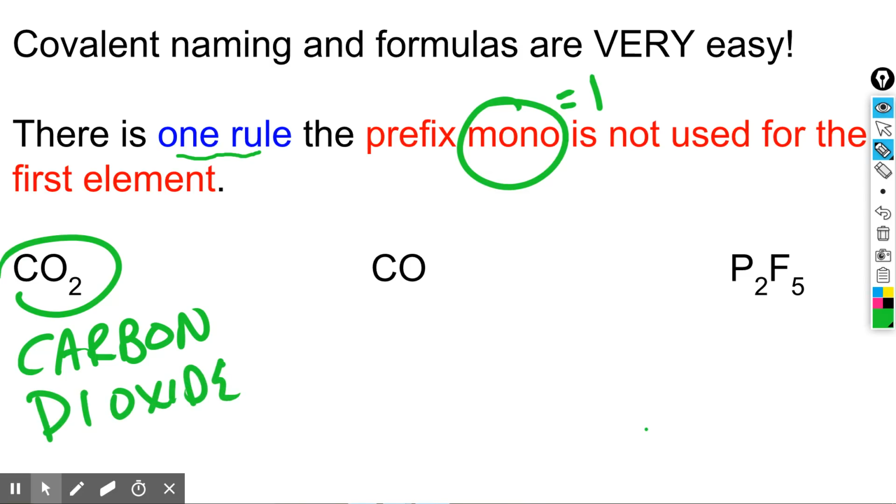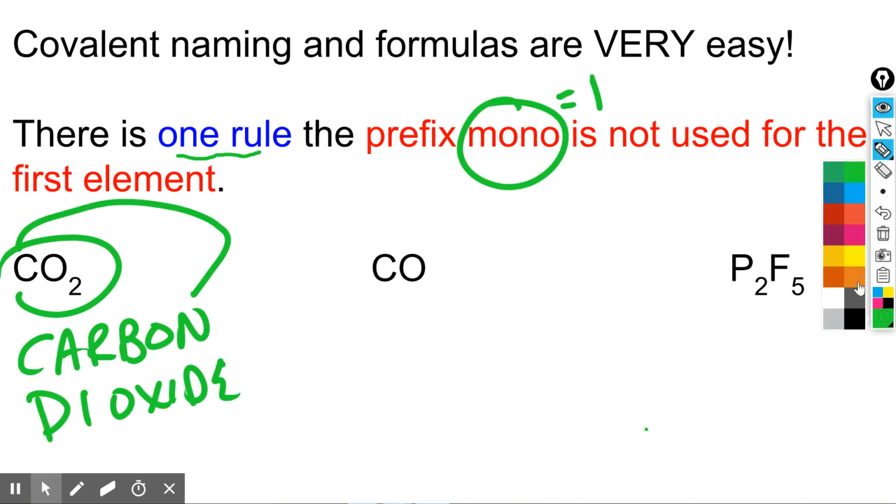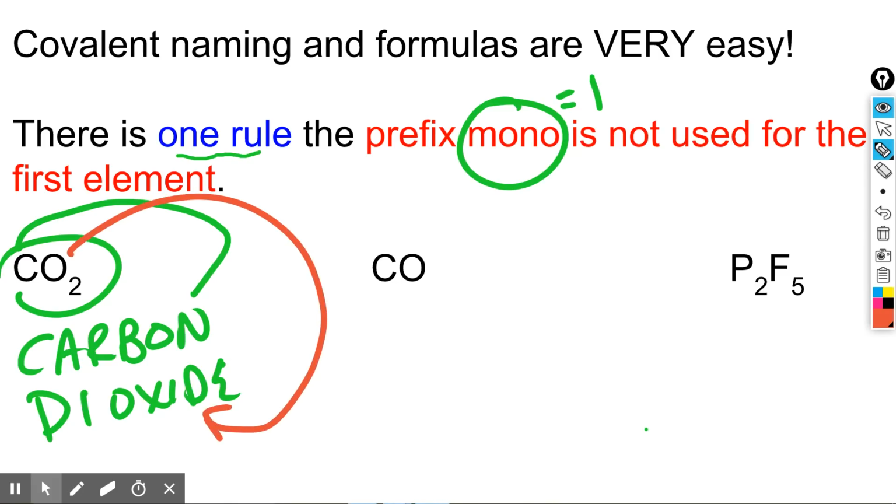So covalent naming is very similar to ionic naming. The first element is simply written the way that it always is. The second element has its ending changed to IDE. And finally, in covalent compounds, we use a prefix when there is a number for the second one, even the number 1.